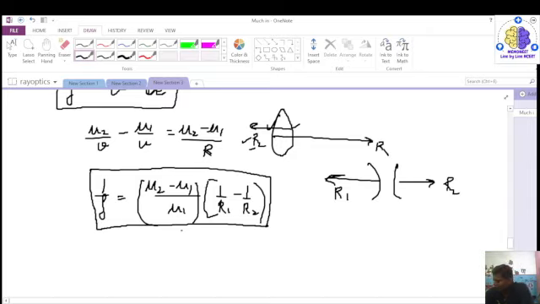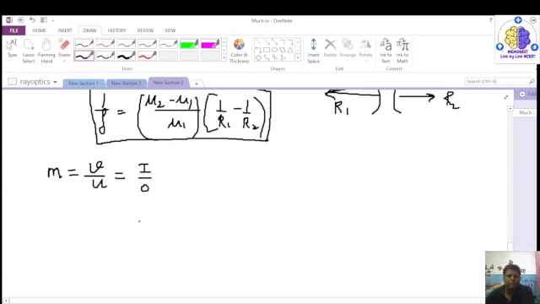Now linear magnification and power. Linear magnification here is given as m is equal to v by u, or it is equal to I upon O, right? The concept which I taught in the case of mirror is also true here.